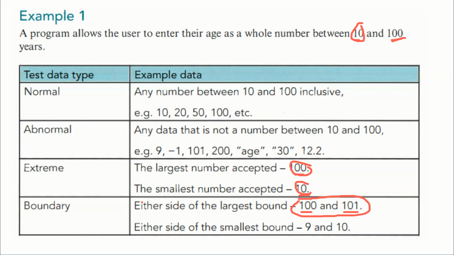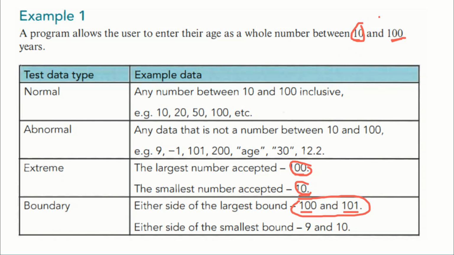All right. So I was talking about the boundary, saying that the first three are the same thing as we saw in ICT, but the boundary is a little bit different as it reports two values. One at the edge of being accepted, one at the edge of not being accepted. So as I show you, if we are supposed to enter 10 and 100, then let's look at the two values, 100 and 101.